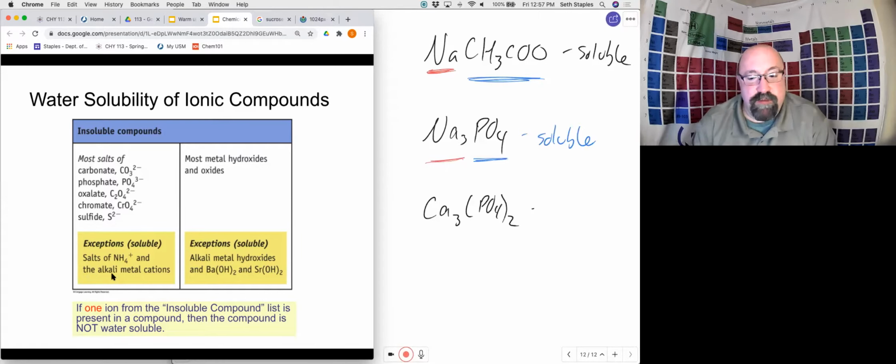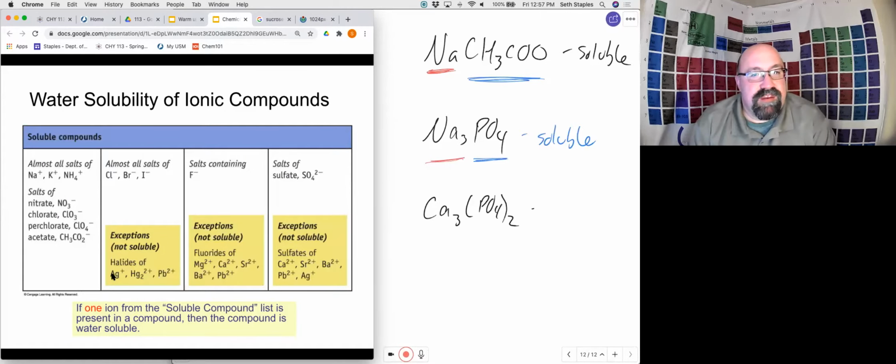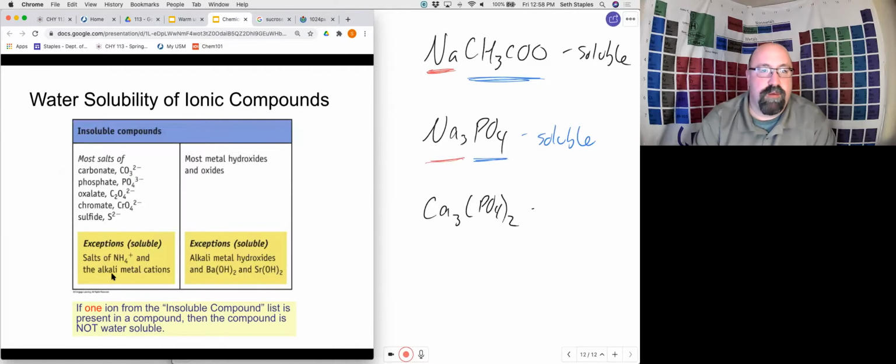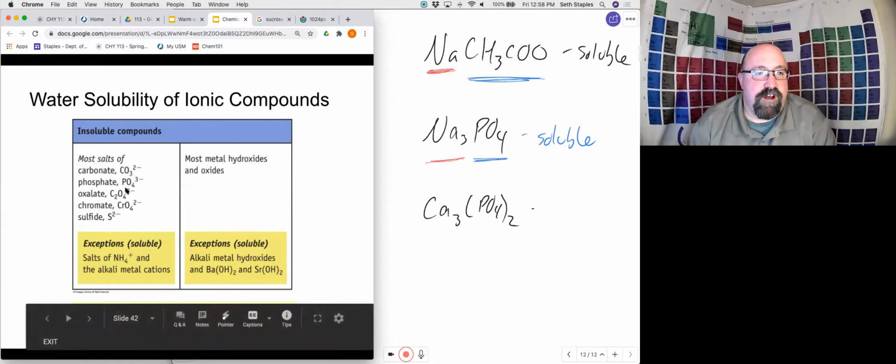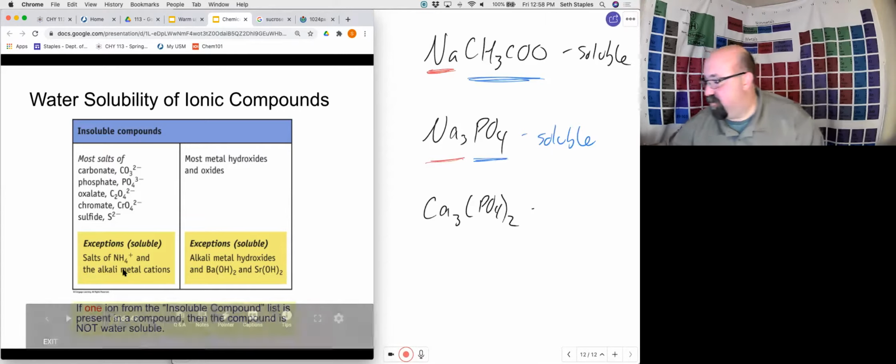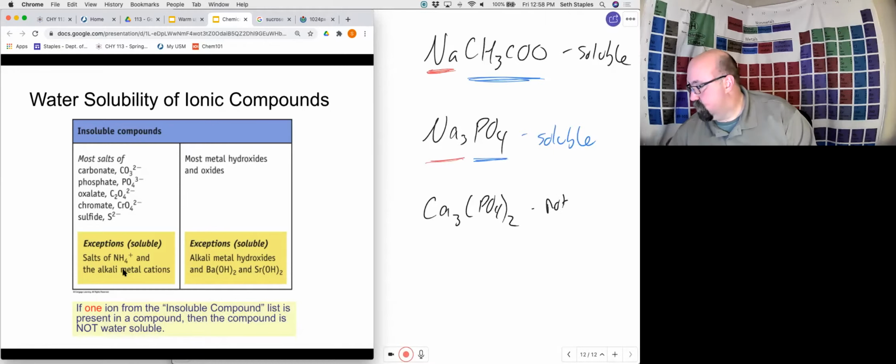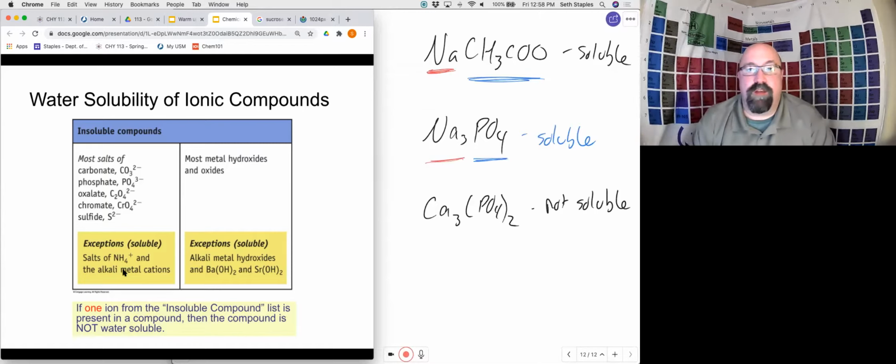And so if I have calcium phosphate, nothing on my soluble list is going to help me out. There's nothing here that really pertains precisely to either calcium or to phosphate. So I come to my insoluble list. Phosphate's one of my insolubles. Calcium is not an exception. So that compound is going to be not soluble. And there we go.